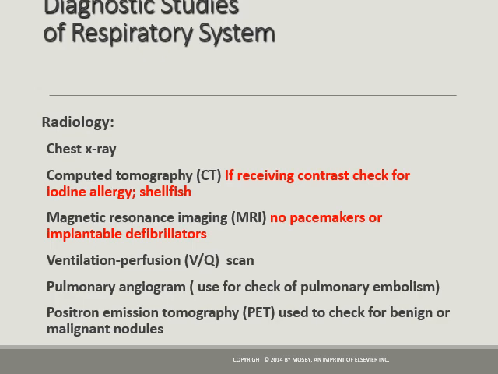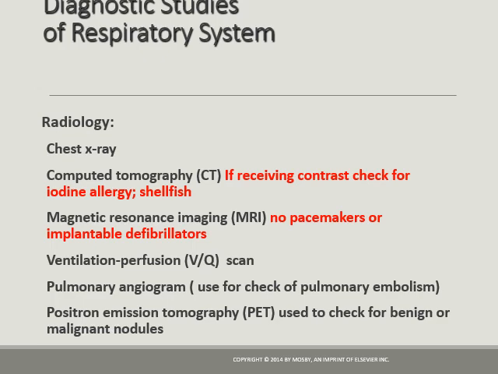VQ scans are often done, especially for pulmonary emboli, and this assesses the ventilation and perfusion of the lungs. They do use a radioisotope to assess perfusion, and for the ventilation portion, the patient inhales the radioactive gas, xenon or krypton, and this outlines the alveoli.